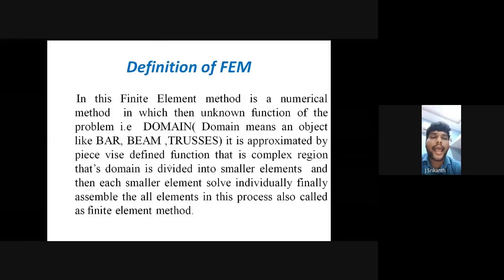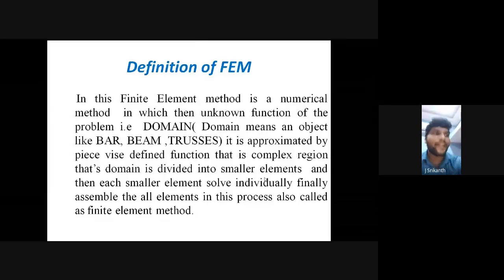But there is a complex region. At that time, we divide it into smaller elements, that means smaller parts. Part number 1, part number 2. For example, the complex structure will be divided into easier structures. So once again, it is approximated by piecewise defined function. That means the domain is divided into smaller elements.